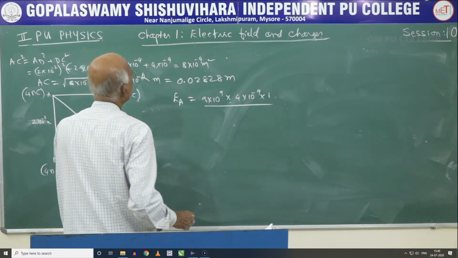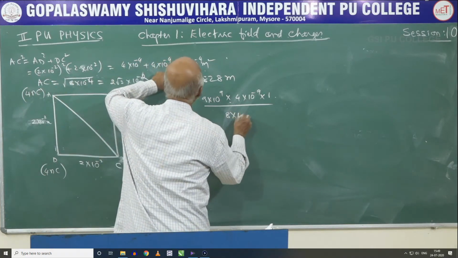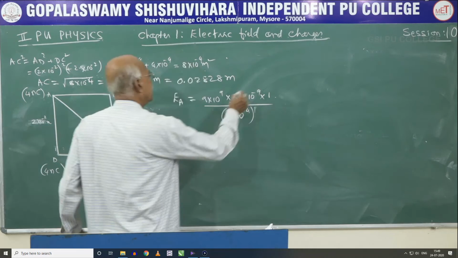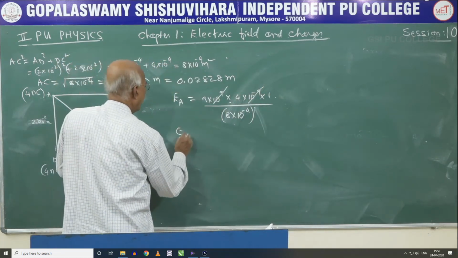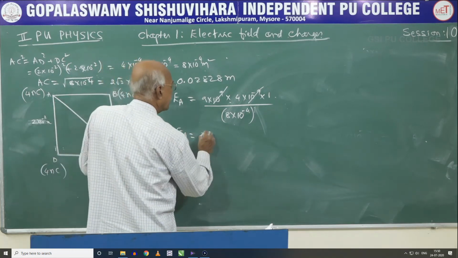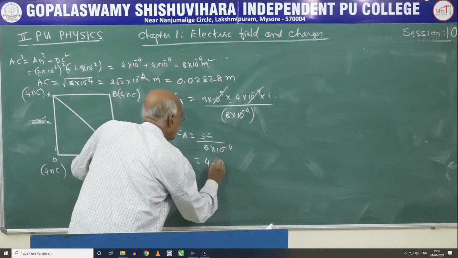AC square, from the figure, is equal to 8 into 10 to the power of minus 4. This 10 to the power of minus 9 and 10 to the power of 9 get cancelled. This is E of A equal to 36 divided by 8 into 10 to the power of minus 4.